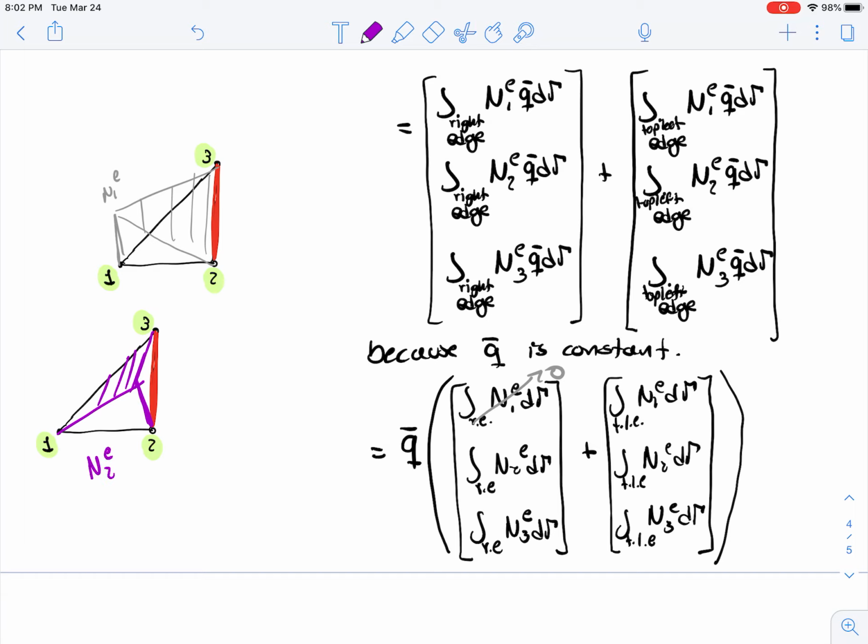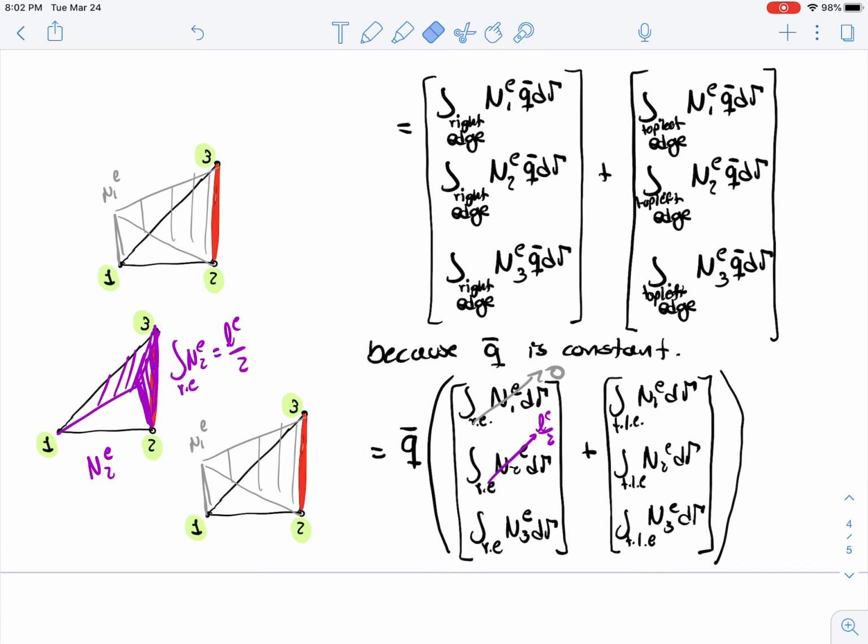So N2 looks like that. But in particular, I'm interested in the integral of N2 over this edge. So I'm really interested in the area of this triangle. So the integral of N2 over the right edge is just going to be the length of the edge over 2.